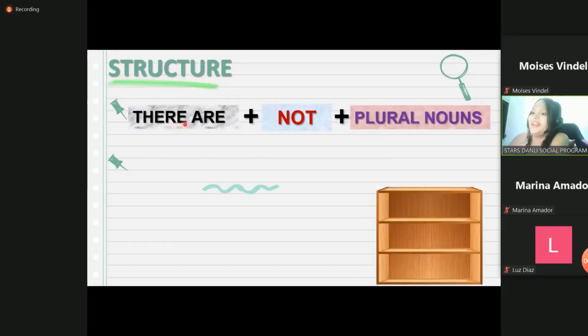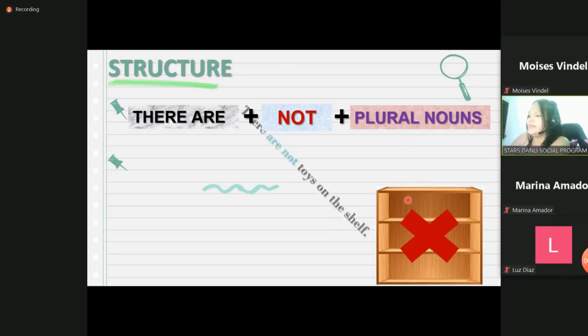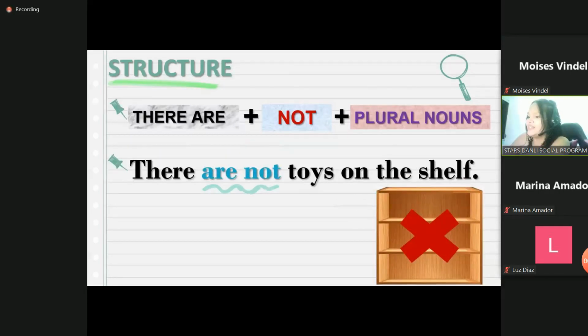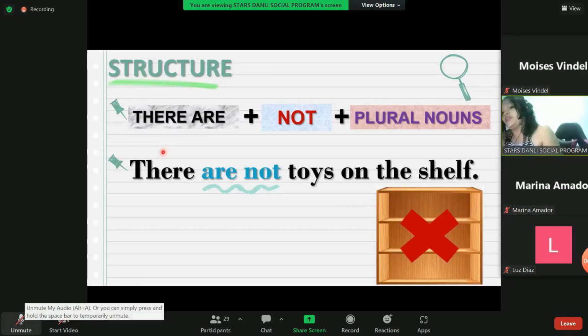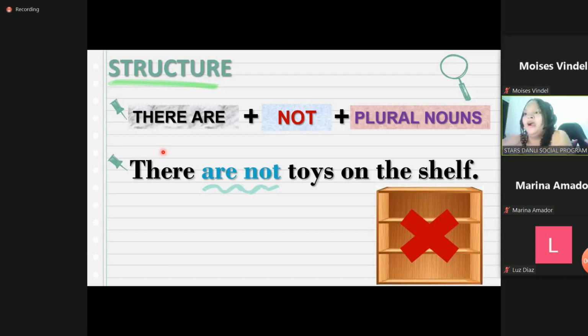Now let's move on to talking about there are, in this case, plus not, plus plural nouns. And let me see if I have, in this case, Sandra, can you read the example? Now, talking about there are. There are not toys on the shelf. Excellent.